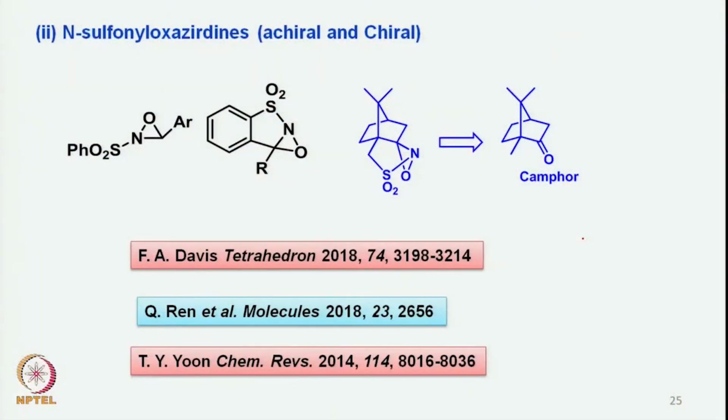And now we will go further and see how we can make use of this in a chiral fashion. So what are the N-sulfonyl oxaziridines? As I discussed last time, people preferentially use N-sulfonyl oxaziridines, more popular than other oxaziridines, and one of the most useful oxaziridines is this type, where you have an aromatic ring on the carbon of the oxaziridine and an N-sulfonyl group present on the nitrogen.